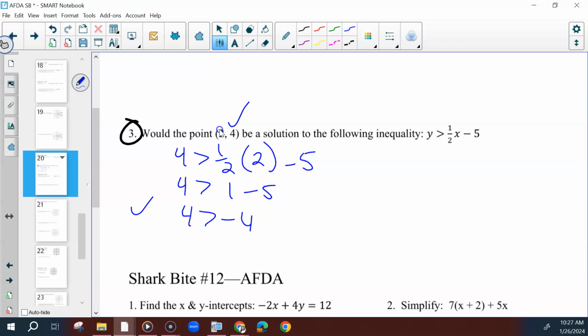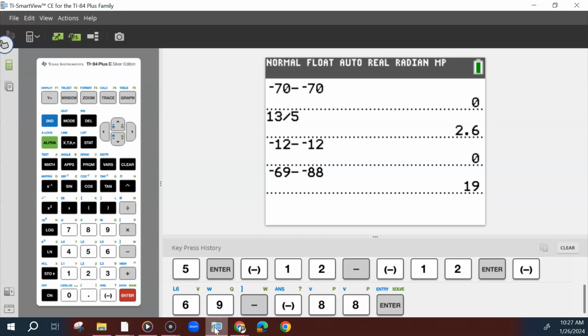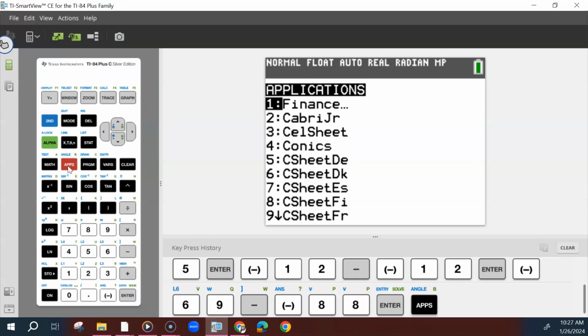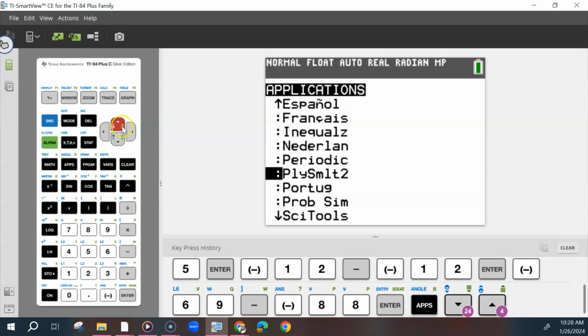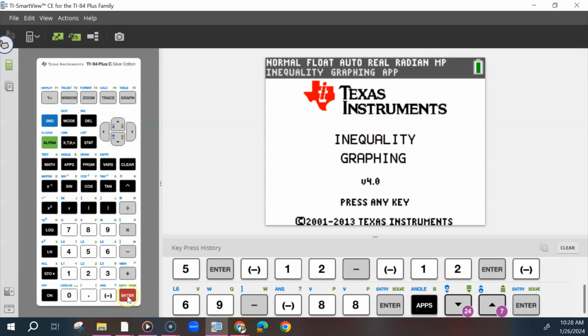Did anyone want to see it graphically? Yes. On your calculator, I'm going to go into apps. I have a bunch more apps in here too, but find equals. And then go into y equals.